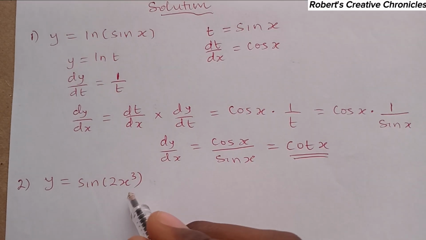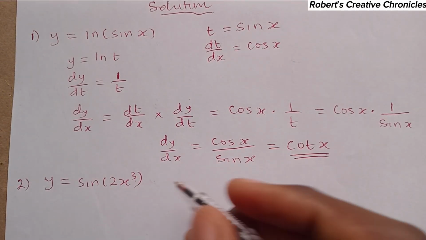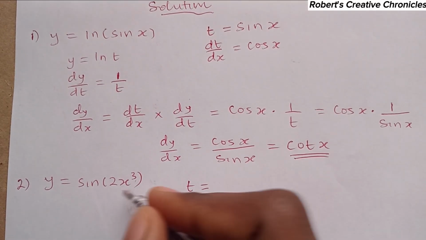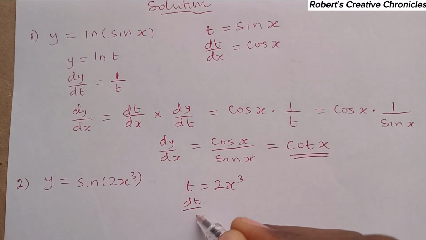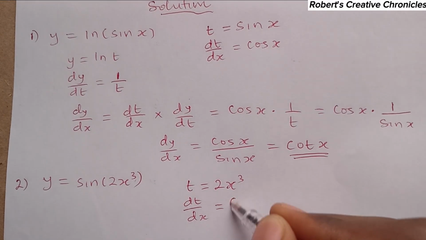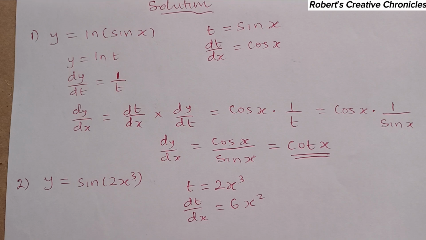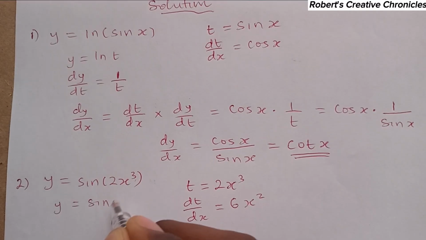So now the second one, we're also going to use the same method we did here. Here t is equal to the core. The core is 2x cubed. So dt over dx is what? 6x squared. This is dt over dx. So now y is equal to what? Sine t.